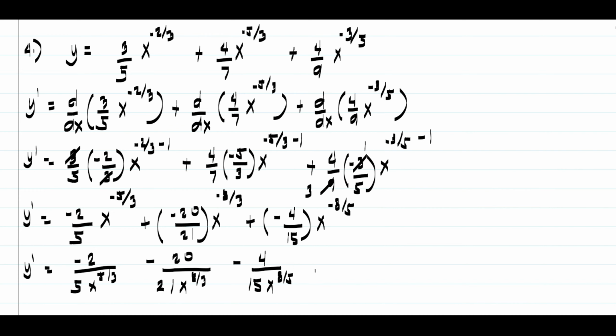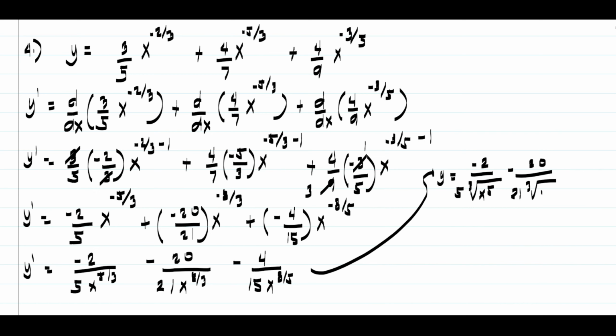So again, we are going to write this one into radical form. So we have y prime equals negative 2 over 5 cube root of x raised to 5 minus 20 over 21 cube root of x raised to 8 minus 4 over 5 fifth root of x raised to 8.